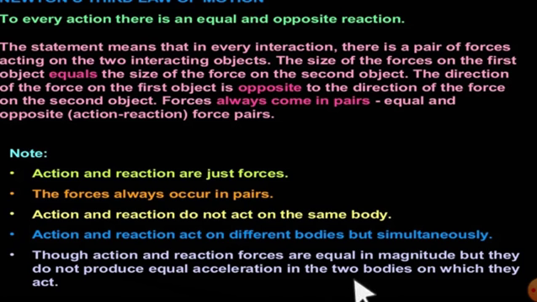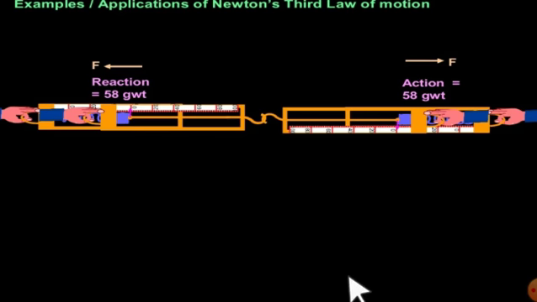So let's see some examples that explain this third law of motion. Now I'm showing you two spring balances here. You must know spring balances, right? Yes, these spring balances hook each other, and we try to pull by hand on the right side as well as on the left-hand side.